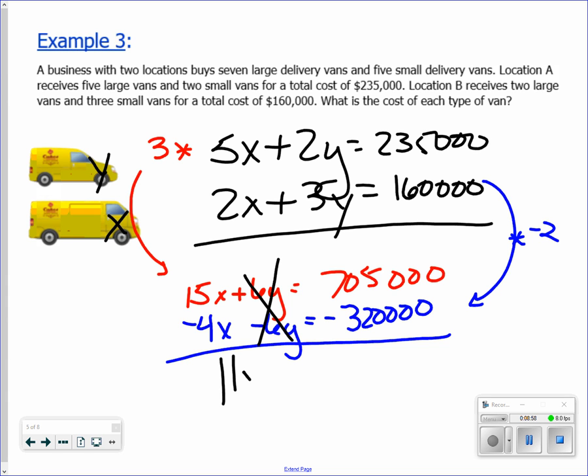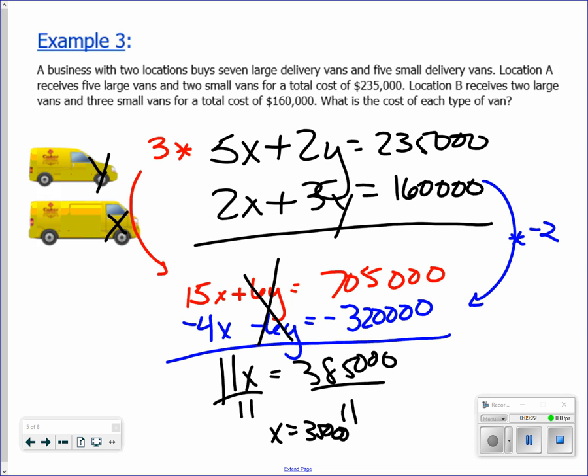So now, just adding what's left, I get 385,000. Divide by 11. I get 35,000. So every single van costs $35,000.